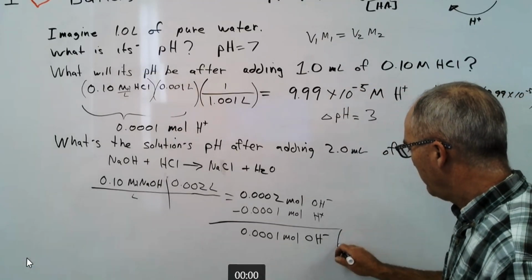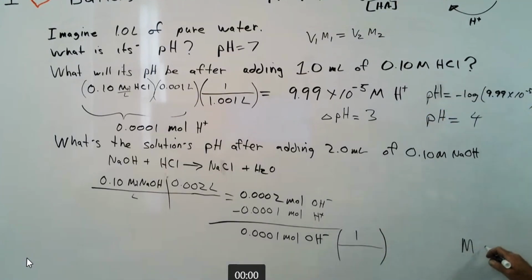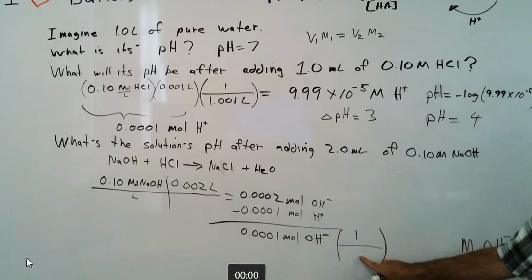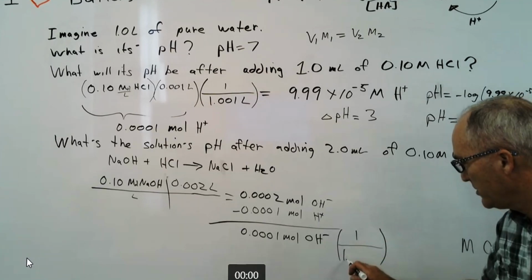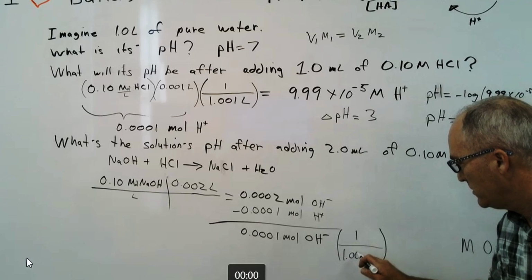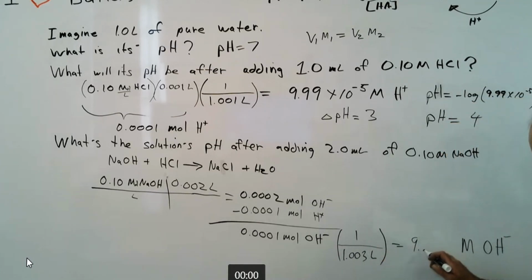And if I want to do a conversion here, if I'm after molarity of hydroxide solution, what am I going to put down in the bottom here? The liters. Liters. And how many liters do I have at this point? 1.003 liters. And I pull out my calculator and do that.